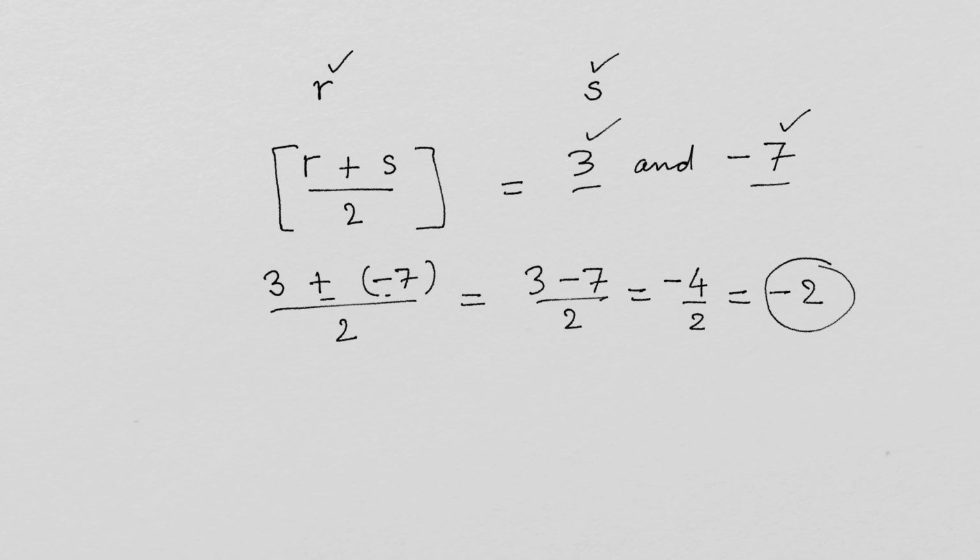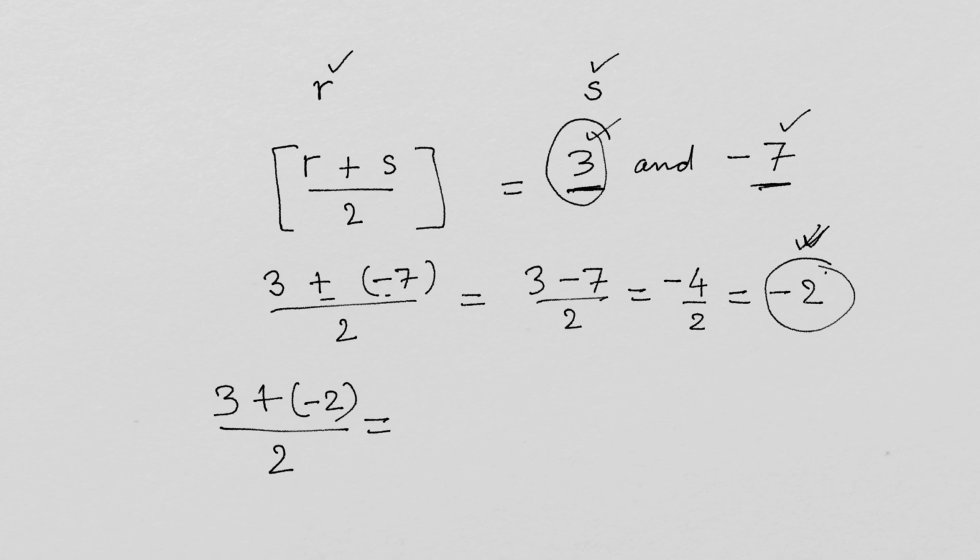So now if we have to find another number between these given two numbers, we found one rational number and our two given numbers are 3 and -7. So take any number from the given numbers. Suppose I have taken 3, and we add the new rational number, which is -2, and again divide it by 2.